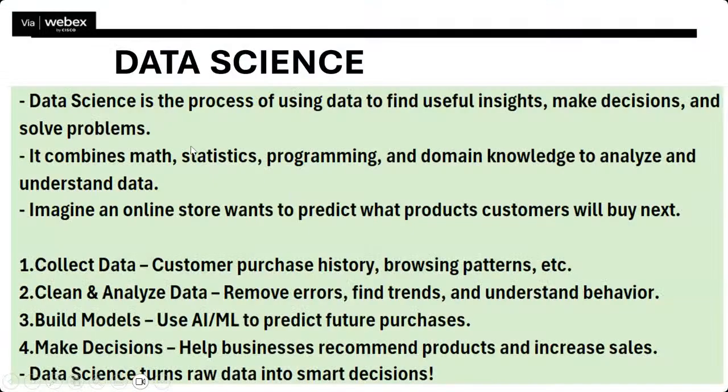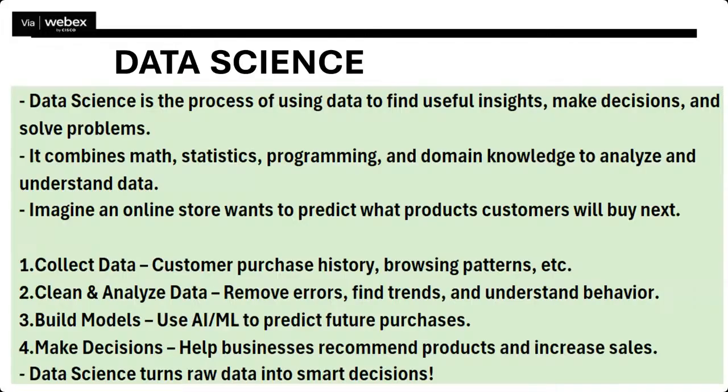What is data science? Data science is a process of using data to find insights, make decisions, and solve problems. If you're a data scientist, you need a combination of skills. Math is required: scalars, vectors, distance metrics, probability, cosine similarity.